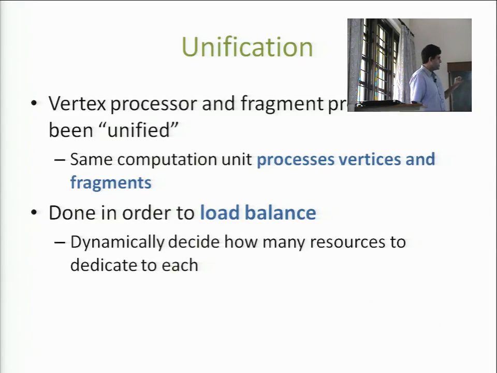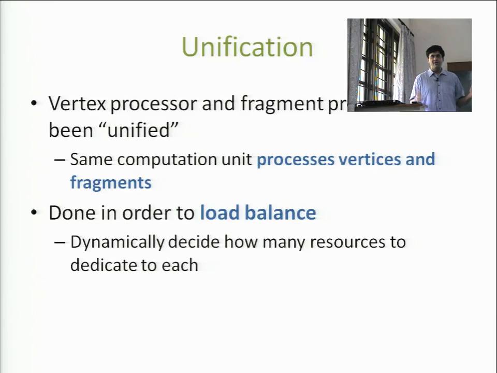Something happened here. There's no explicit mention of a vertex or a fragment processor anymore. People found that for rendering certain things, the vertex processor was more heavily used, and for rendering certain other things, the fragment processor was more heavily used. Essentially they were both just computational units.